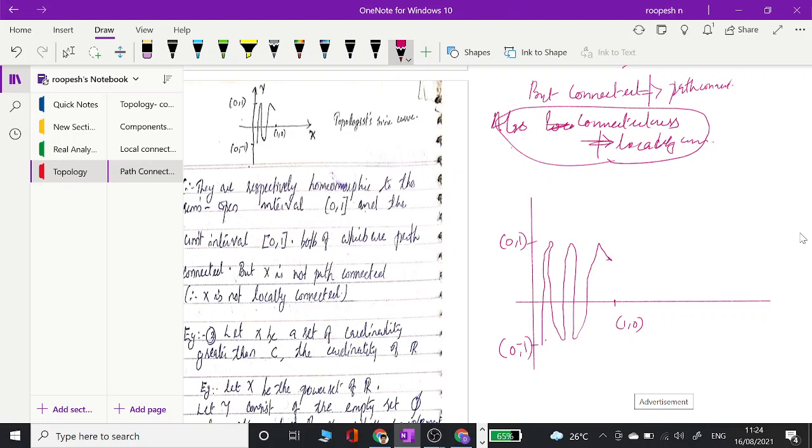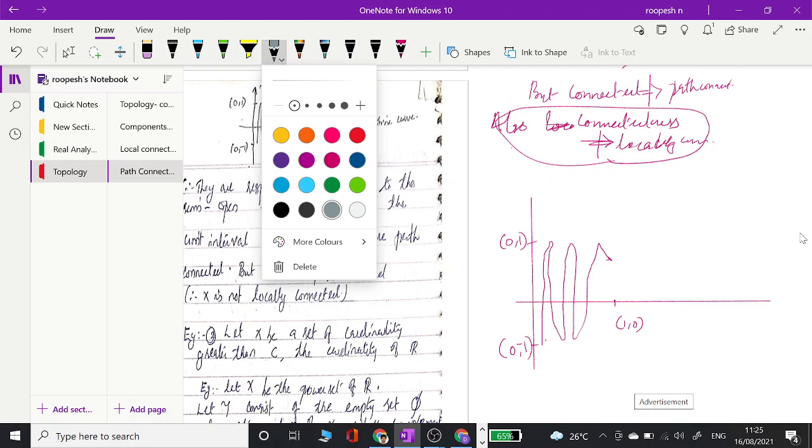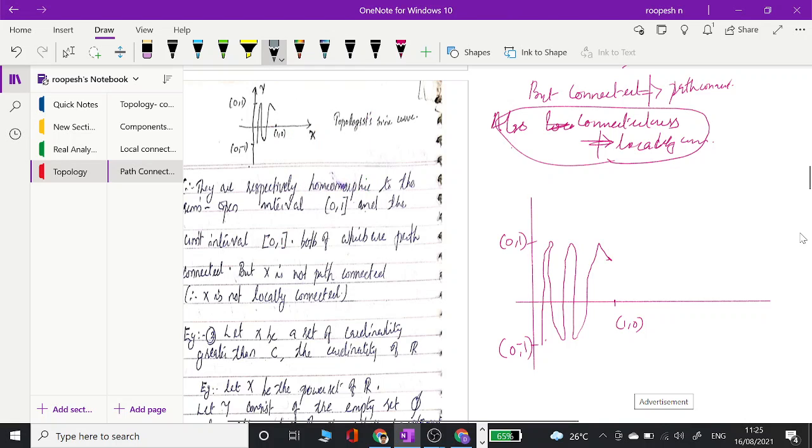Now here too, when you're considering an epsilon neighborhood, we will say no. Suppose we take a point somewhere here, 0 comma 1 by 2, and go for a neighborhood, that is B of (0, 1 by 2) with radius 1 by 4, centered at 1 by 2.